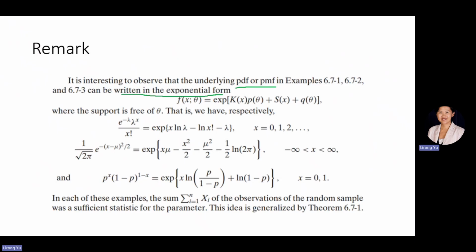This is only related to the parameter, right? So if you look at any density function, you can always analyze the exponent into 3 different parts: x function times theta function, plus an x function, plus a theta function.